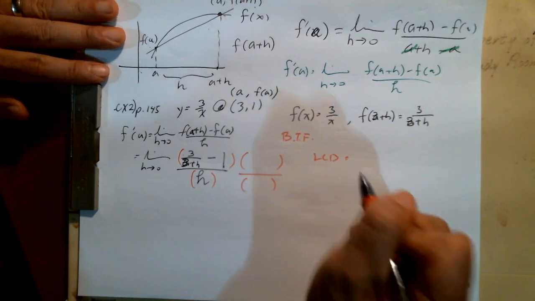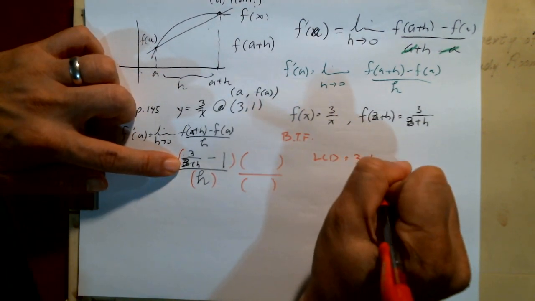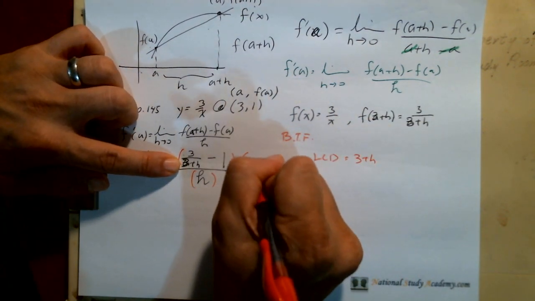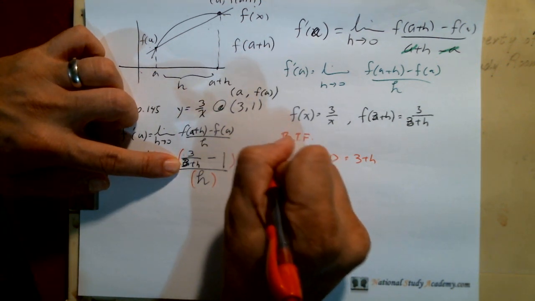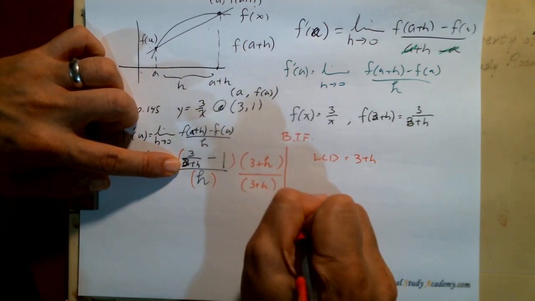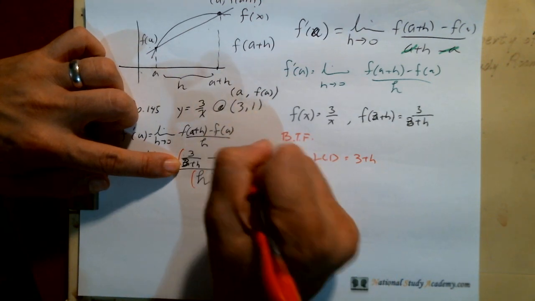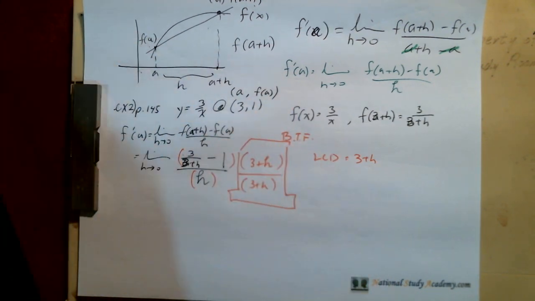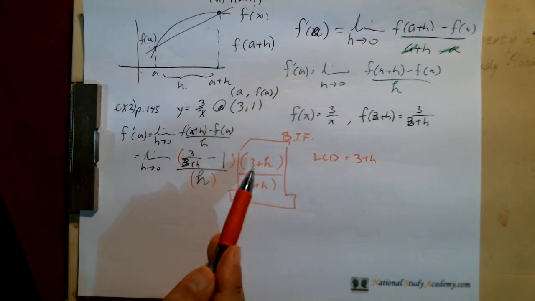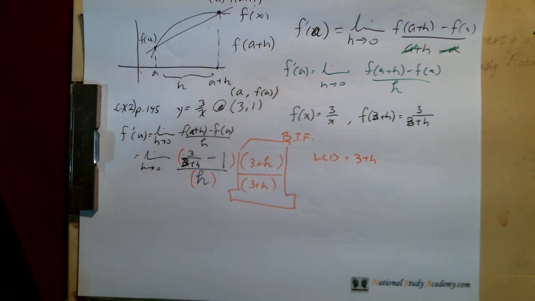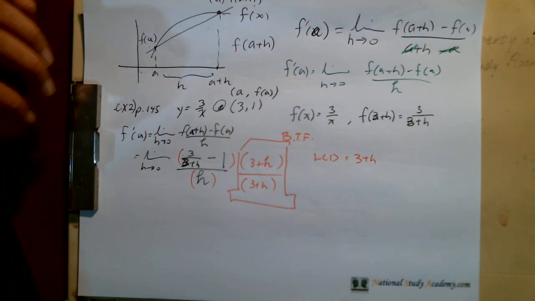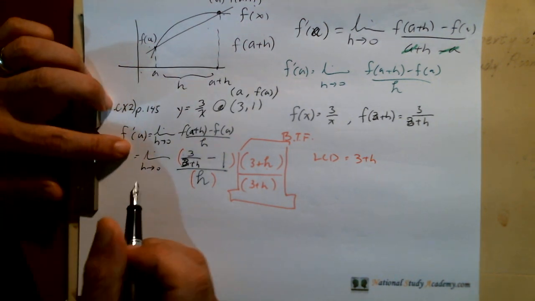The LCD happens to be 3 plus h. So I'm going to multiply it by 3 plus h in the numerator and 3 plus h in the denominator. What I'm effectively doing is I'm multiplying this number by 1, right? And so we distribute with this here and here. And we're going to get a real simple fraction. So let me try that.